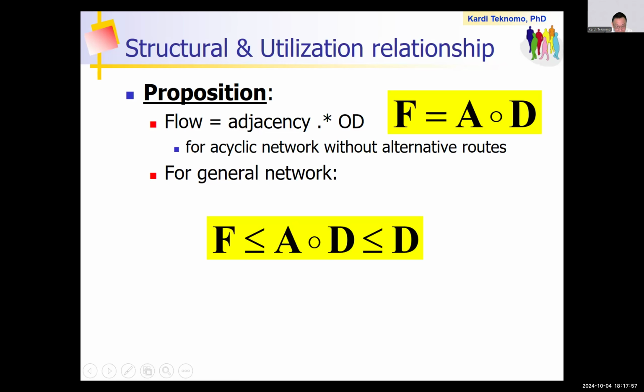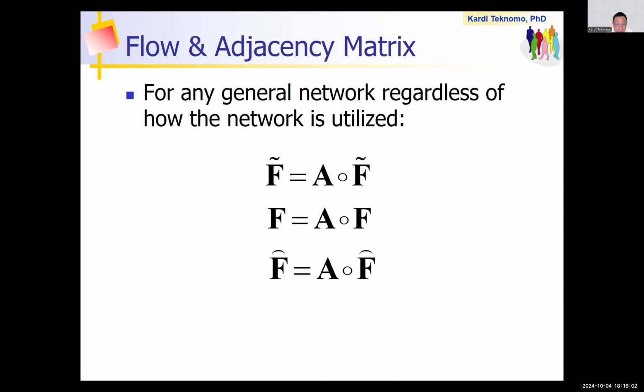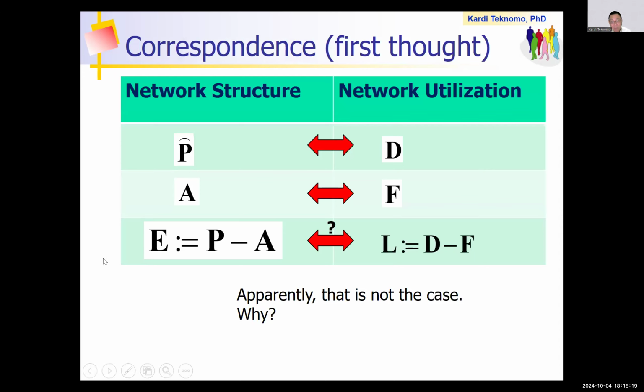So in that case, we can try to see another general network, regardless of whether the network is utilized or not, that F is actually the same as A times F. Again, this is the absorption rule. So if you binarize the path matrix, the pattern will be exactly like the binarized T, the OD matrix.